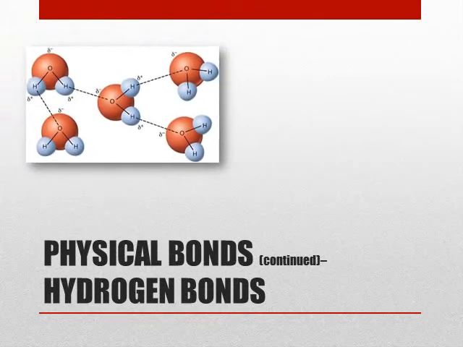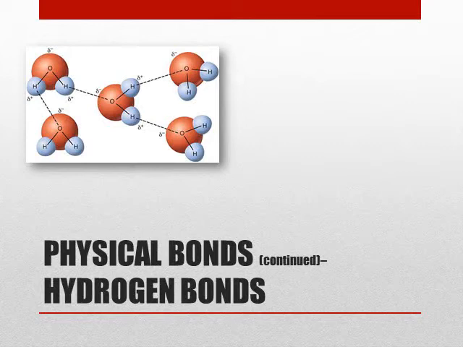So for us, the most important example is water, and you've run into this concept a couple of times already, even if you never thought of it in terms of polarity. So in this diagram, we can see the slightly negative end, slightly positive end of the water molecules. We see obviously oxygen in red and hydrogen in blue.